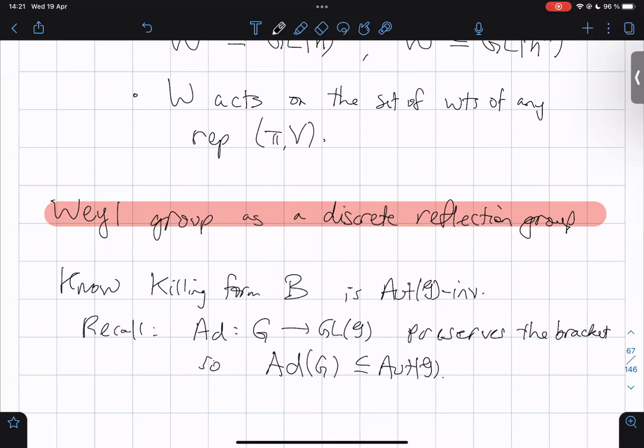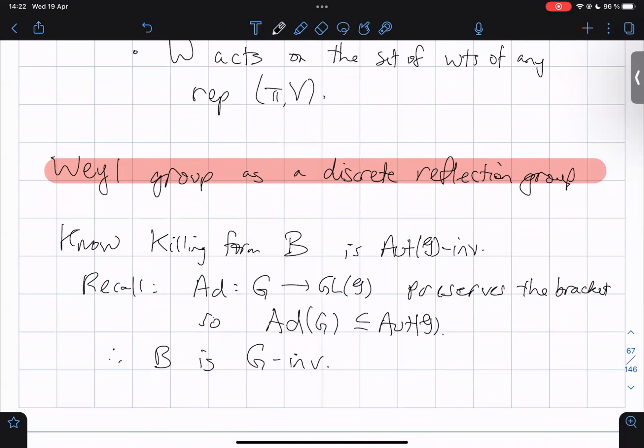But B is invariant under all automorphisms. So therefore, B is G invariant, or Ad G invariant, but it's like G is acting via the Ad representation here. So B is G invariant.